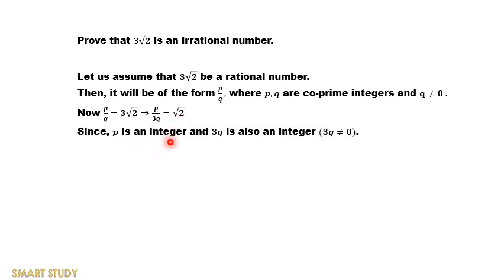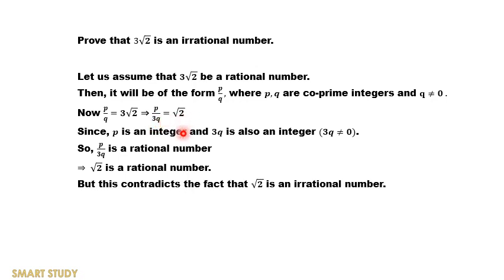Since p is an integer and 3q is also an integer and 3q is not equal to 0, p by 3q is a rational number. So root 2 is a rational number. Here p by 3q is rational, and it's equal to root 2, so that is also a rational number.